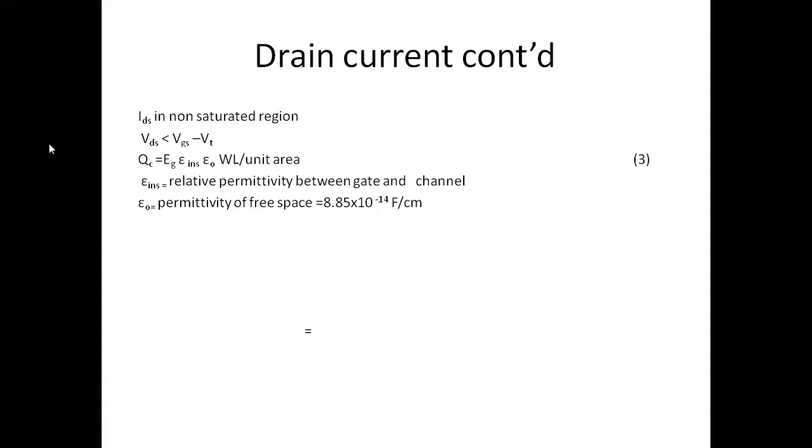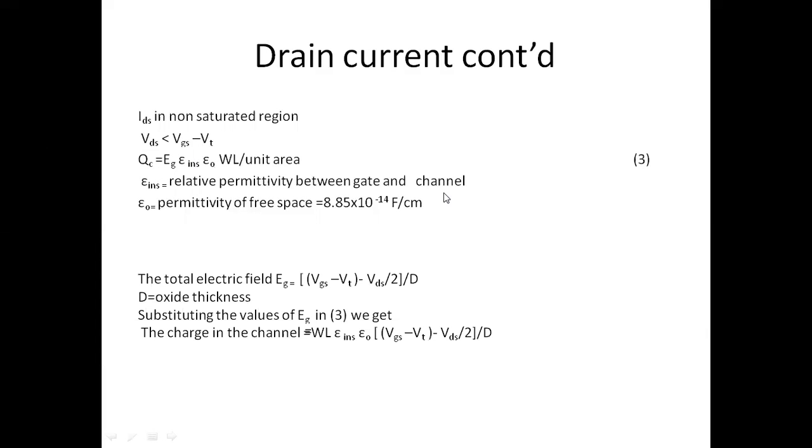So this in turn is nothing but charge per unit area multiplied by total area, equal to QC. Epsilon INS is the relative permittivity between gate and channel. Epsilon naught is the permittivity of free space, given by 8.85 into 10 raised to minus 14 farad per centimeter.